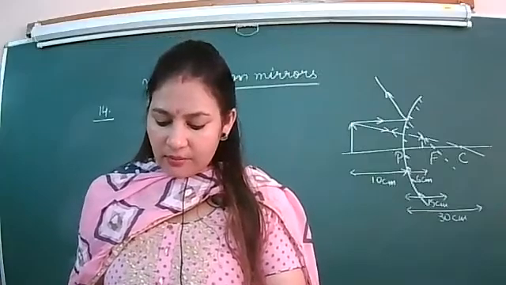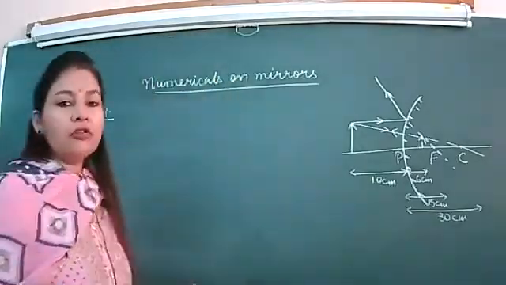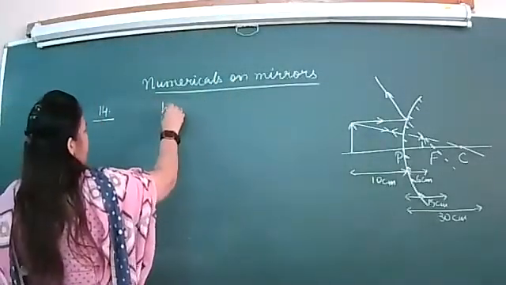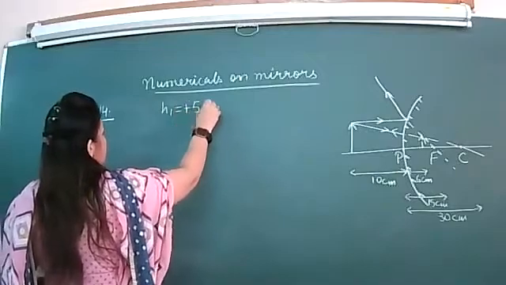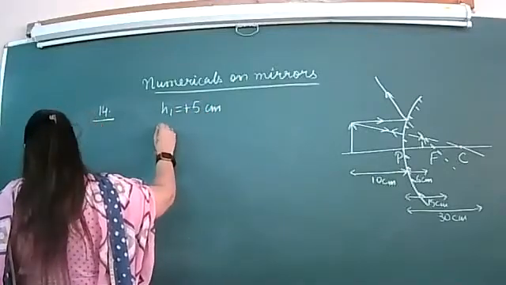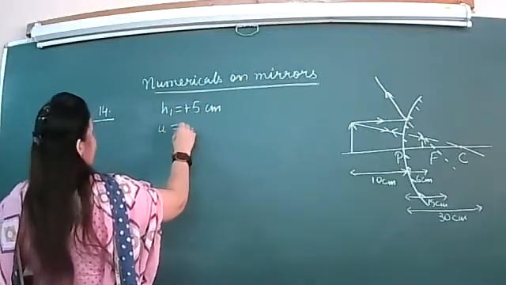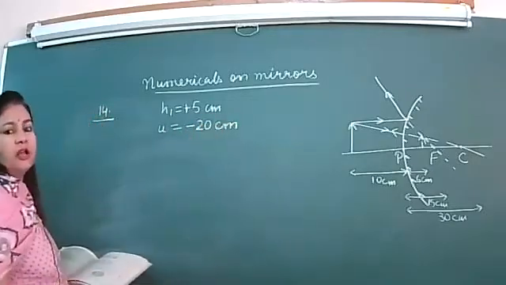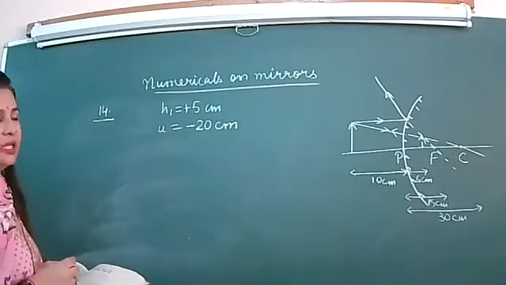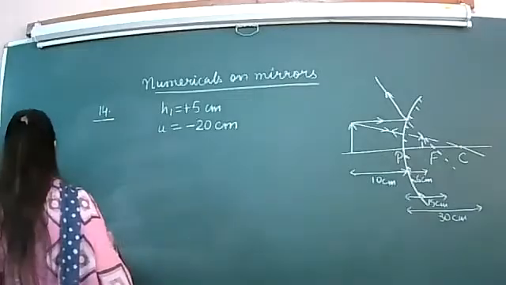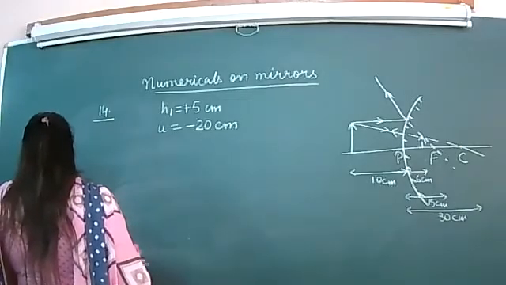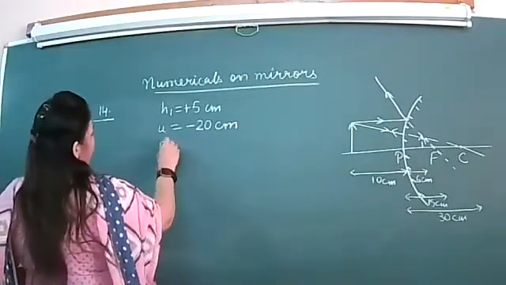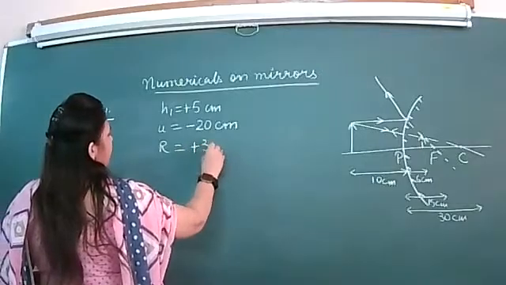So let us do this. This is question number 14. Height of object, that means symbol is H1, that is plus 5 centimeters. It is kept at a distance of 20 centimeters. So that is U given and it should be with minus sign. All right. Then radius of curvature of this convex mirror is 30 centimeters.